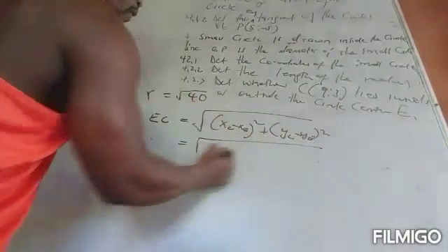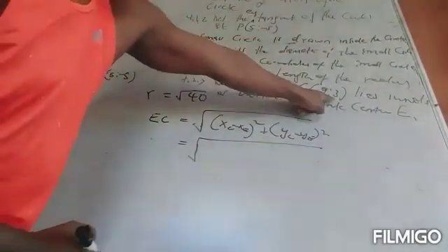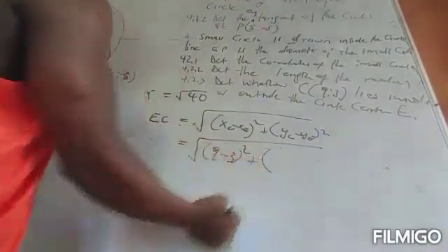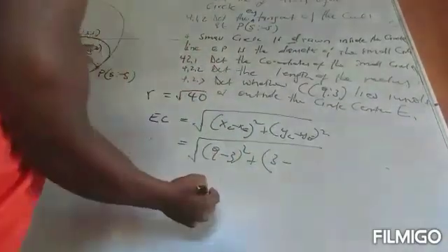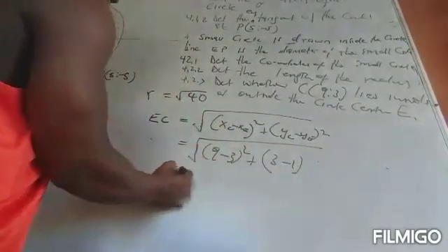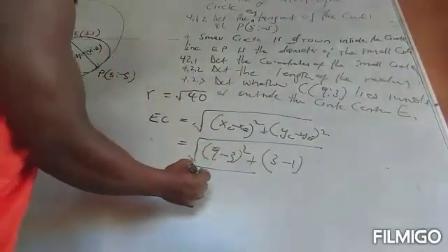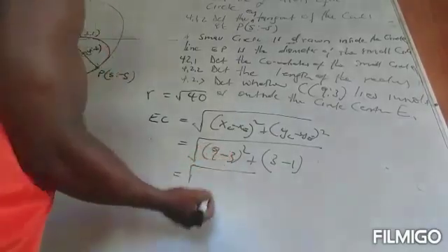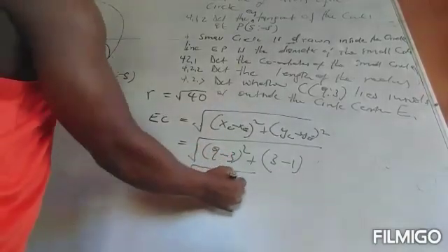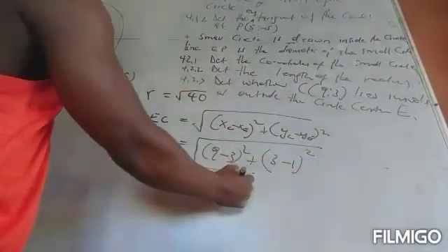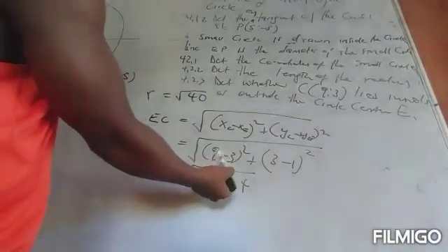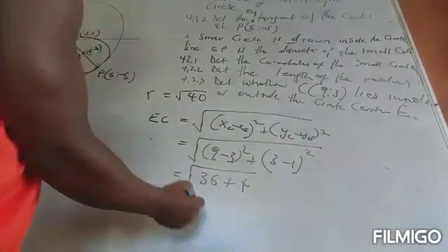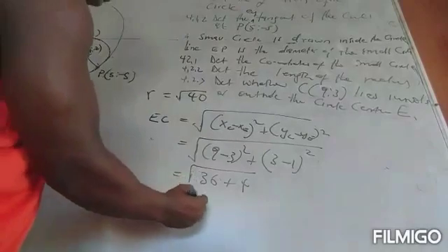So it's equal to the square root of, x at C is 9, minus x at E, that is 3, squared, plus y at C, which is 3, minus y at E, which is 1, squared. 9 minus 3 is 6. 6 squared is 36. 3 minus 1 is 2. 2 squared is 4. So 36 plus 4 is equal to the square root of 40.